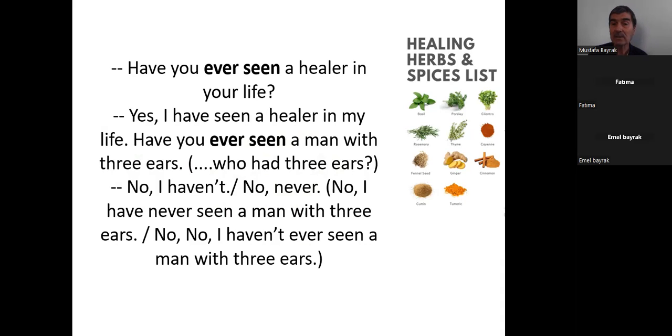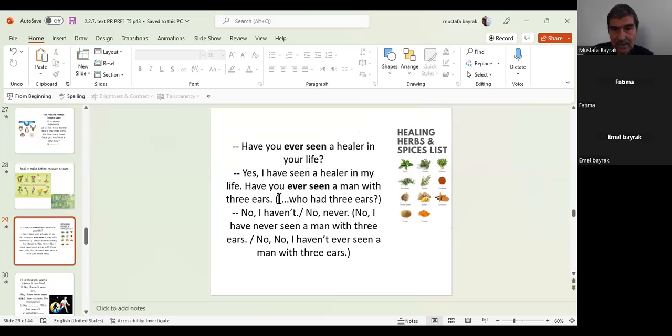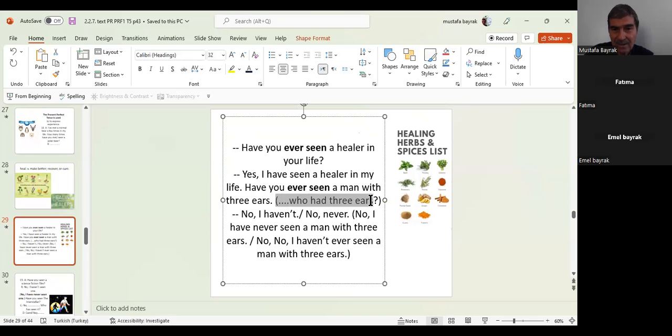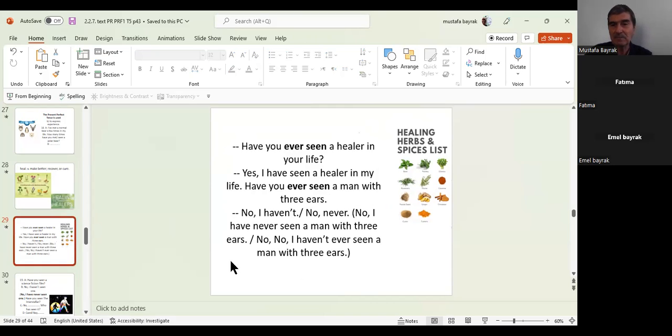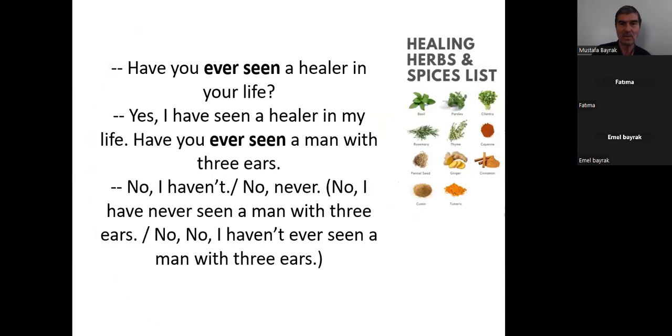Okay? I haven't ever seen a man with 3 ears. I think this is an advanced explanation. In advanced level, yes, we will study it. Let me delete it. I have deleted the additional information. Okay, these are clear now.